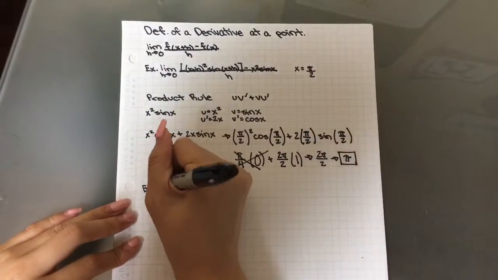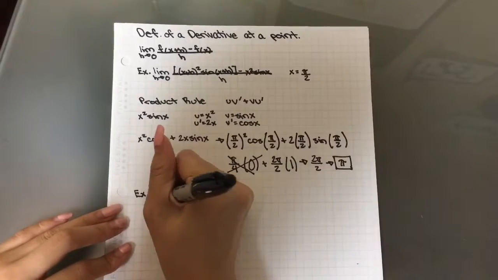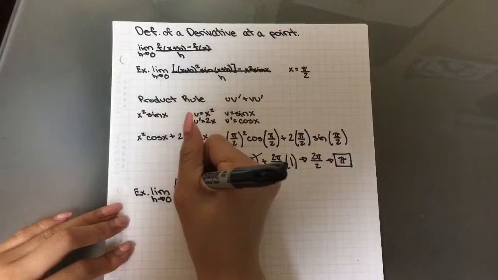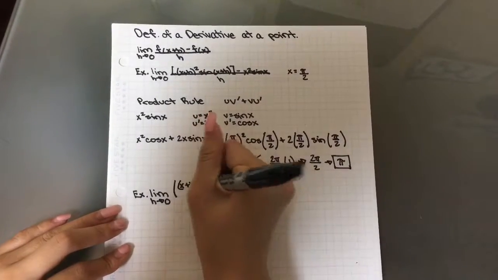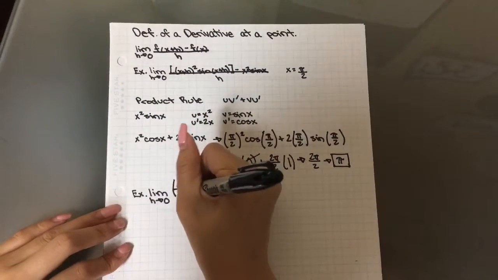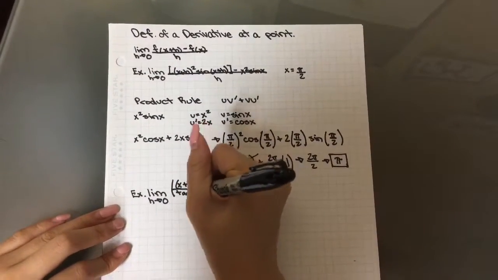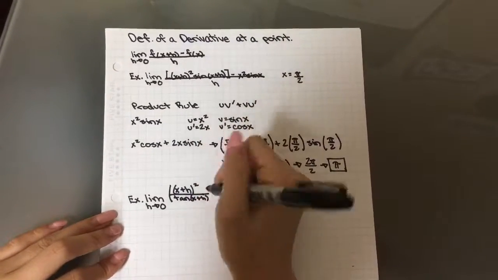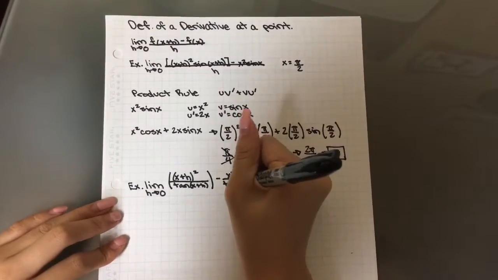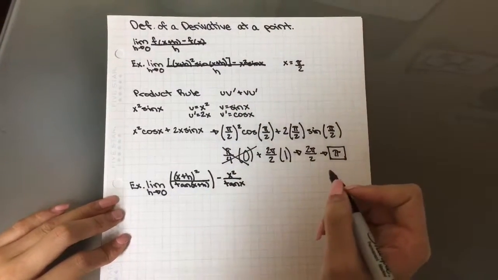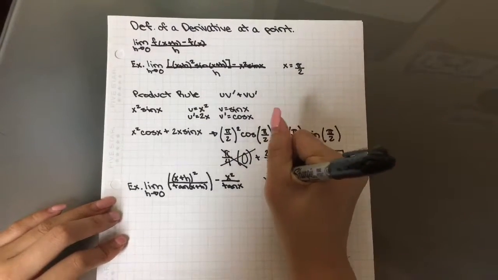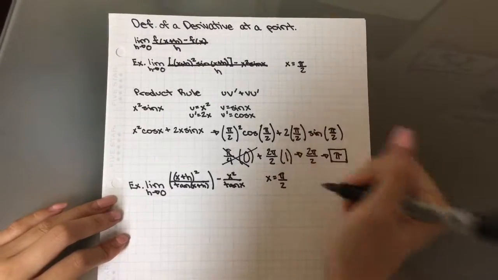Another example of the definition of a derivative would be the limit as h approaches 0 of x plus h squared over tangent of x plus h, minus x squared over tangent of x, all over h. And again, you will be looking for the point at x equals pi over 2.